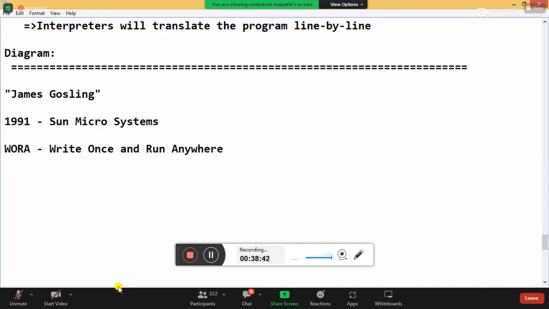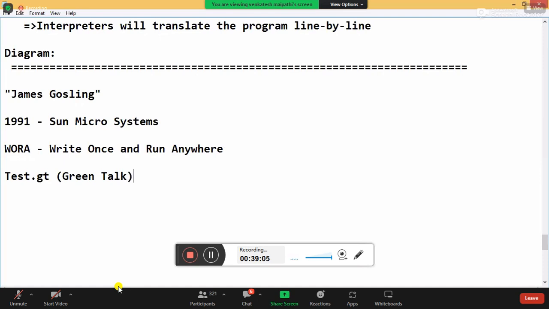The author started creating one virtual machine, and he started writing programs there. Whenever he wrote a program in the virtual machine, he started saving it as test.gt. GT means Green Talk.